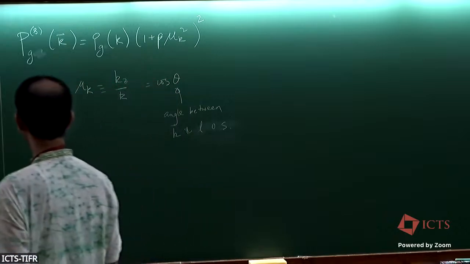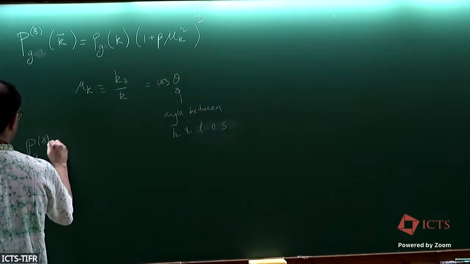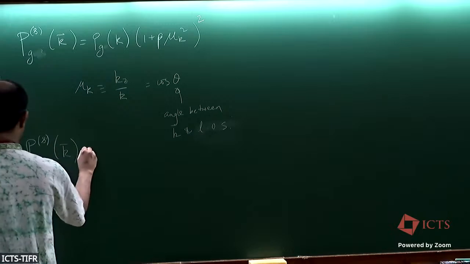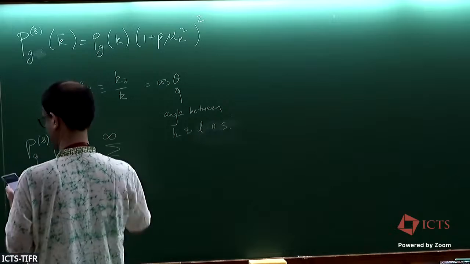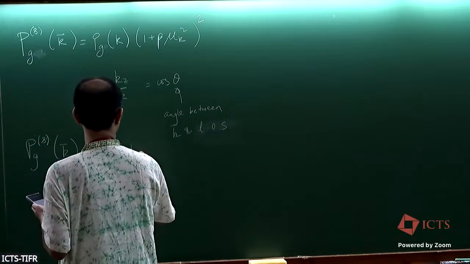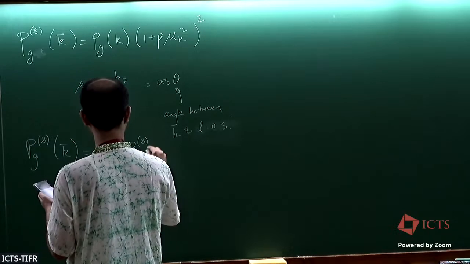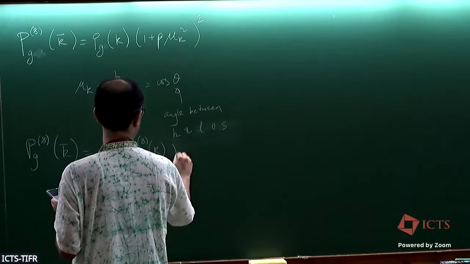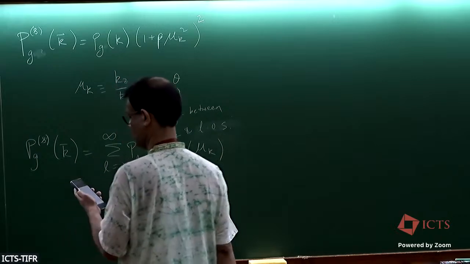So what you will do is take this observed power spectrum and expand it, L equal to 0 to infinity, the power spectrum for various orders times the Legendre polynomial, which is a function of mu.